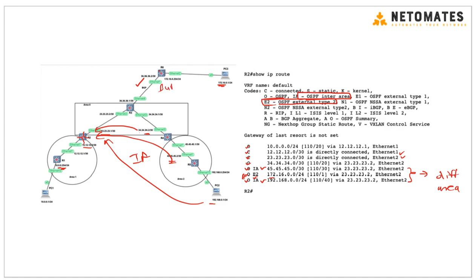What's happening is R6 is advertising this particular network to R3, which is the ASBR, and the ASBR advertises it to all the other areas. That is why it is flagged as an E2 external route.